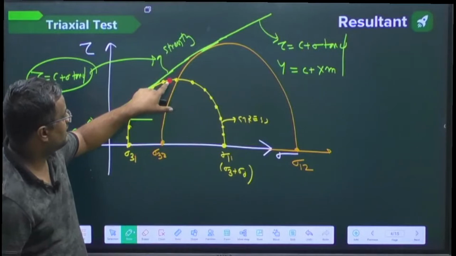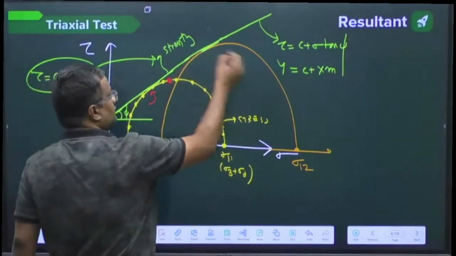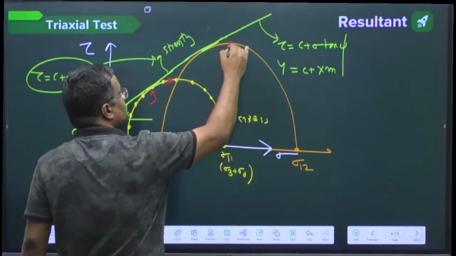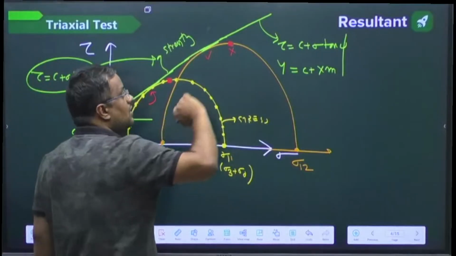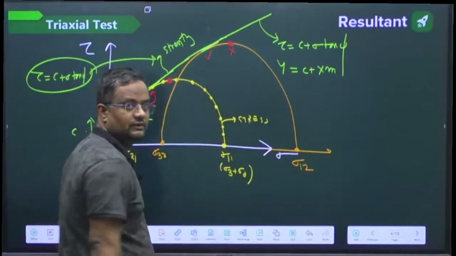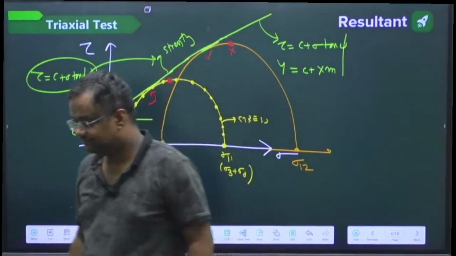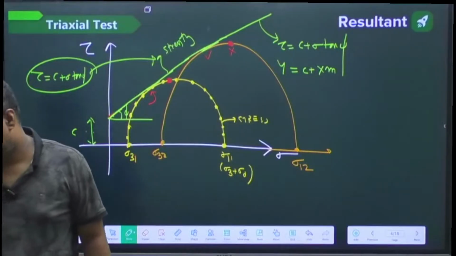Similarly for this second sample, tau max is here, but failure is not here. Failure is here because at this point the strength is even more. Got it, everyone? Please let me know.